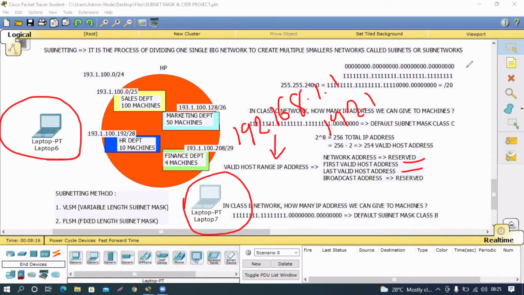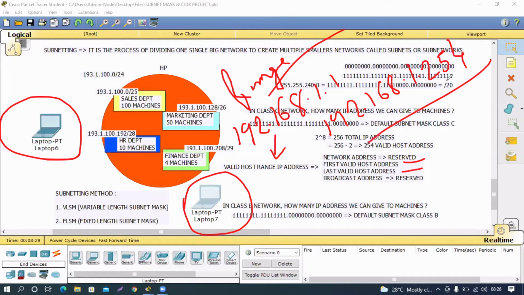This is what we call a range. A range from dot 1 to dot 254, we have 254 IP addresses. Total 254 IP addresses are there.